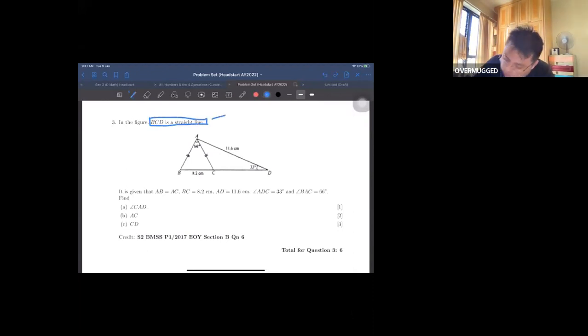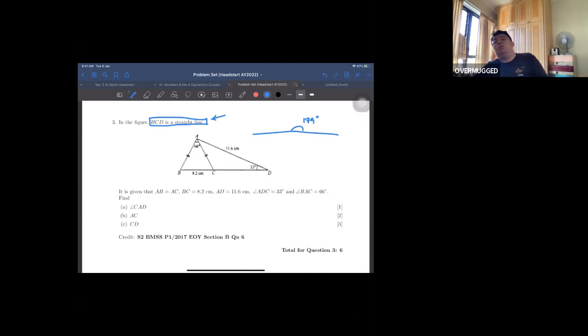Now, this line here, BCD is a straight line. I know this is a really stupid statement to say, but actually this is a really important statement. In upper sec or in mathematics in general, you cannot assume that a line is straight. Okay, let me explain that. You cannot assume that a line that contains 3 points is a straight line, because it is possible for a line to look like this, where this is 179 degrees.